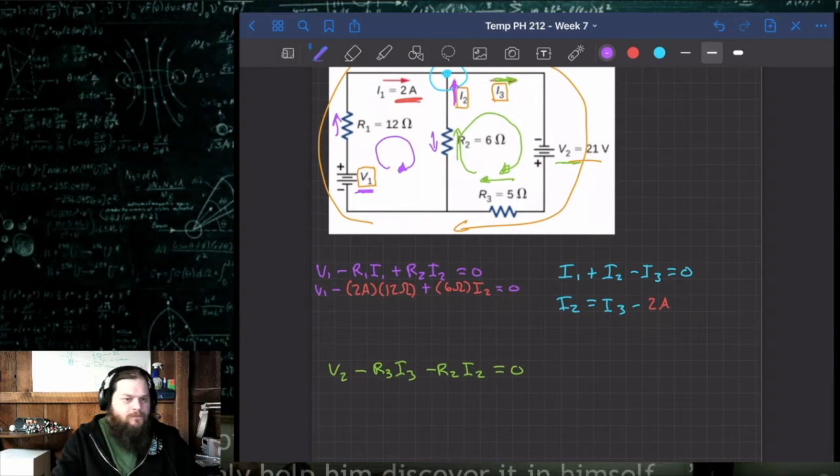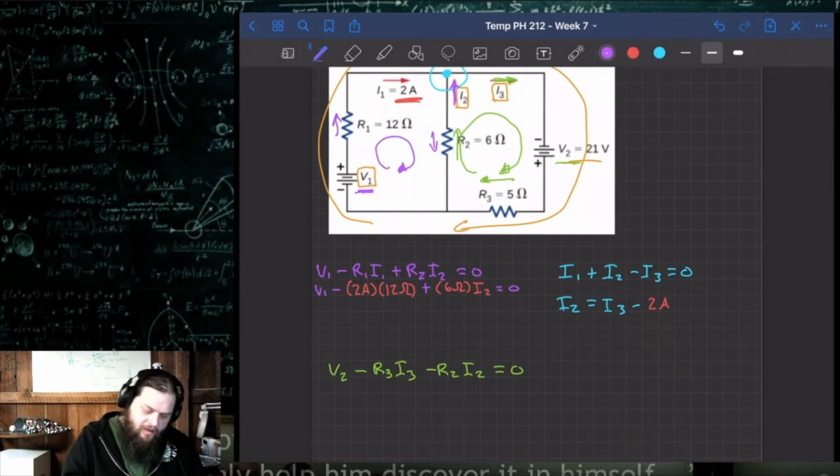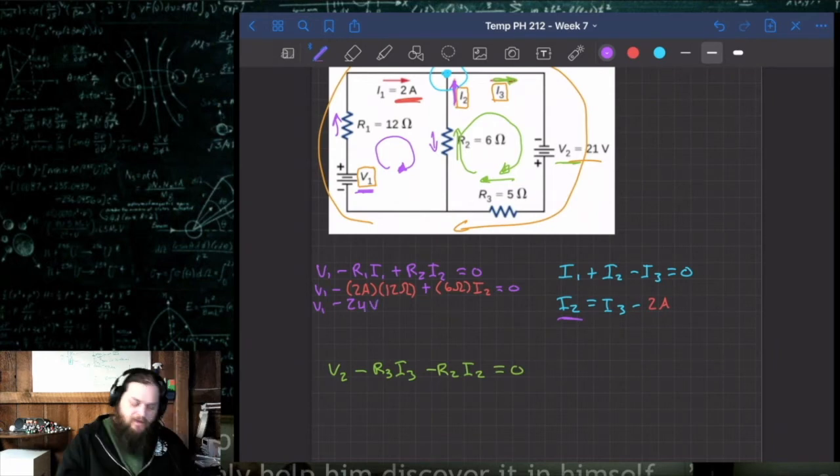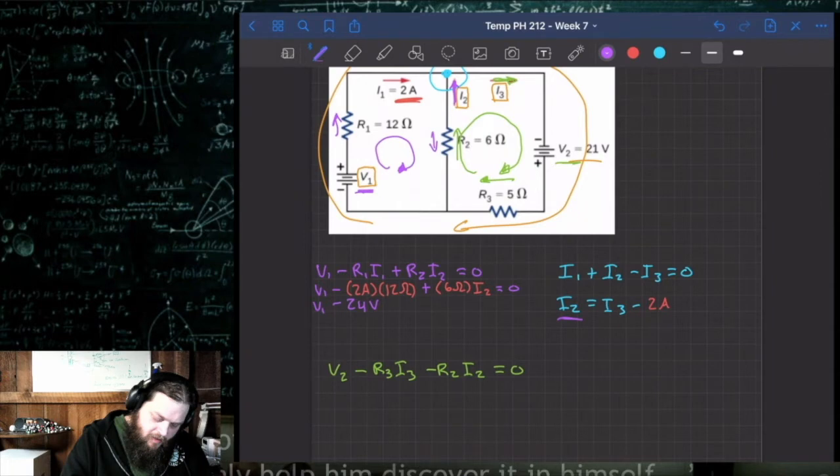We can then plug in the value for I2 that we have over here. So V1 minus 2 amps times 12 ohms is going to be minus 24 volts, because amps times resistance is volts, V equals IR, plus 6 ohms times I2. I'm plugging in our value for I2.